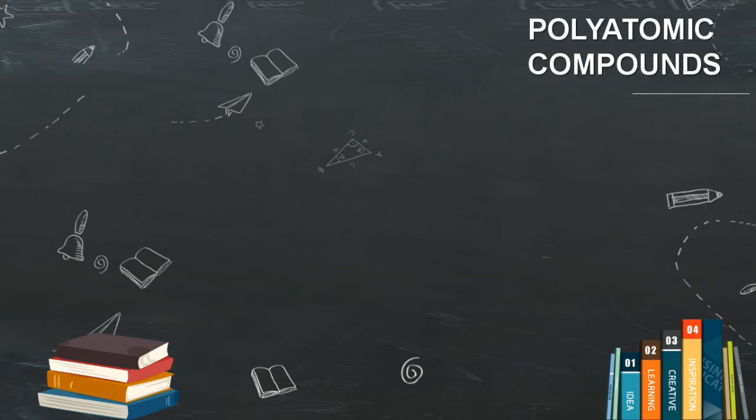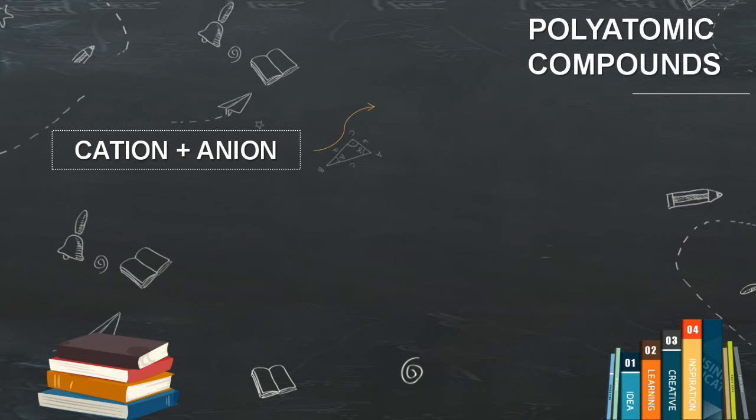The last is polyatomic compounds. Same as ionic compounds, polyatomic compounds consist of a cation and an anion, but the anion is a polyatomic ion like sulfate, carbonate, and nitrate. For example, Na2SO4 is called sodium sulfate.